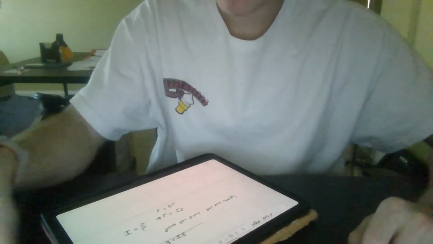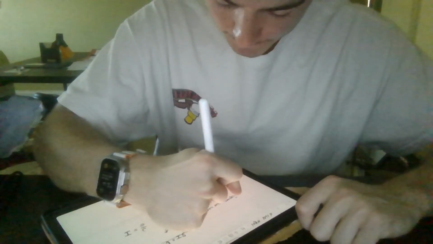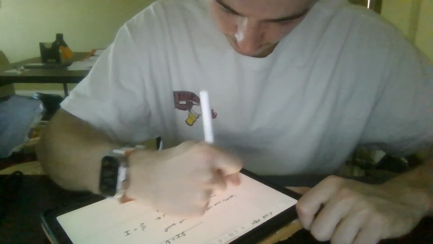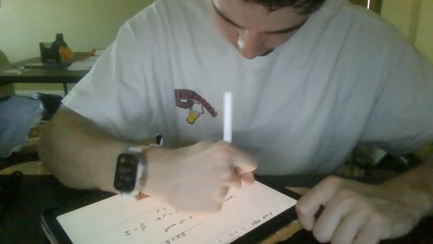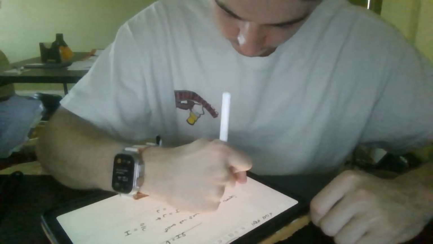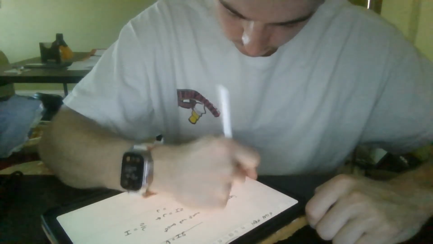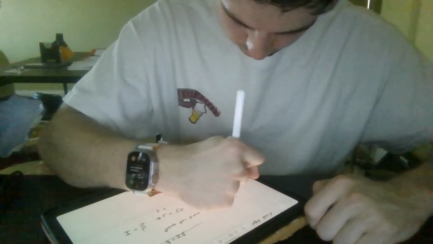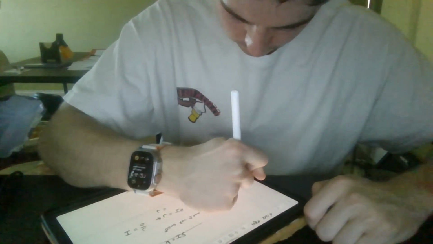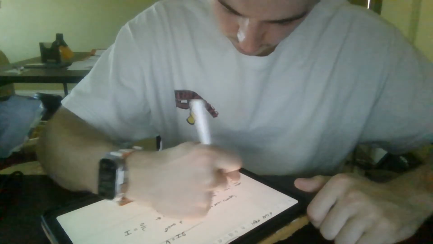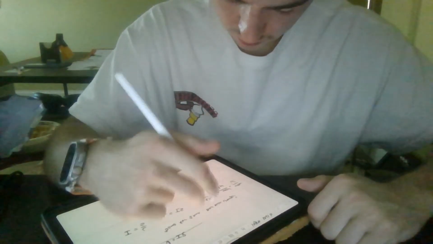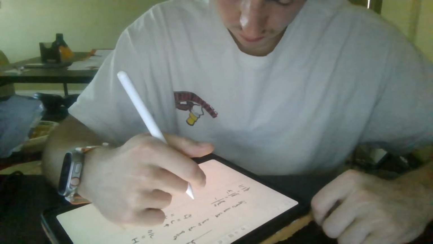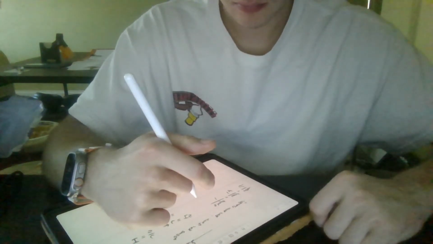Okay, so we know we have 3 amps, and we know it can provide that for 2 hours. So the question is, how do we convert 2 hours into seconds? We know that 60 seconds equals 1 minute, and we know that there are 60 minutes in 1 hour.